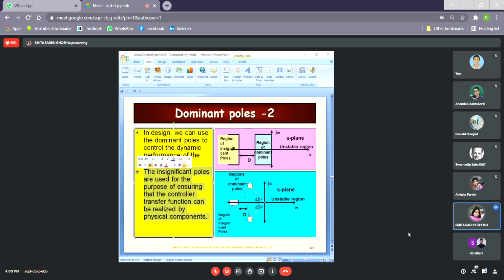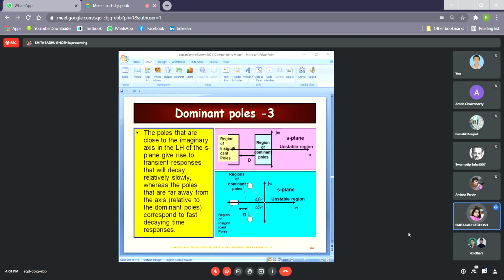For example, if you have the requirement of placement of 2 zeros, naturally to balance that, you may have to place some insignificant poles somewhere, which are not going to have a significant effect on the response itself, but nevertheless are going to make the system realizable, meaning you can realize the system by using physical components.